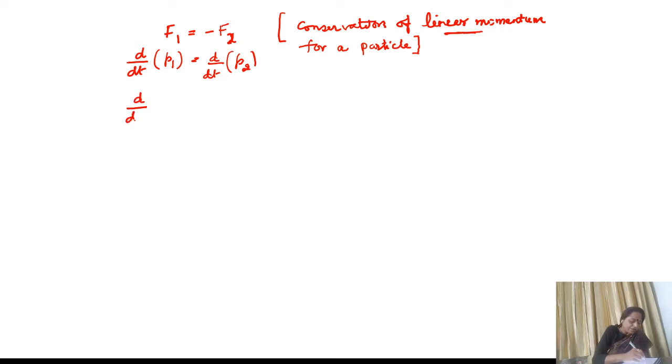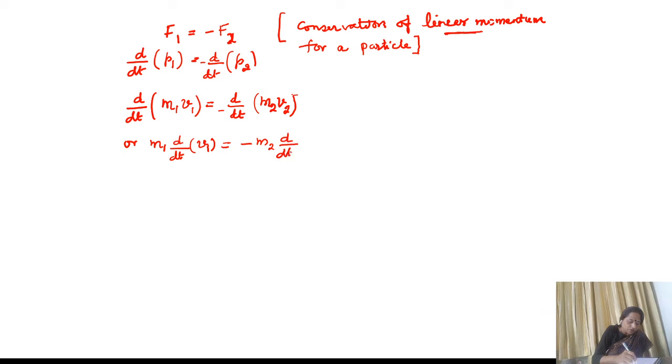Now what is P1? P1 is mass into velocity of first particle, and P2 is mass of second particle into velocity of second particle, or M1 dV1/dt is equal to minus M2 dV2/dt.